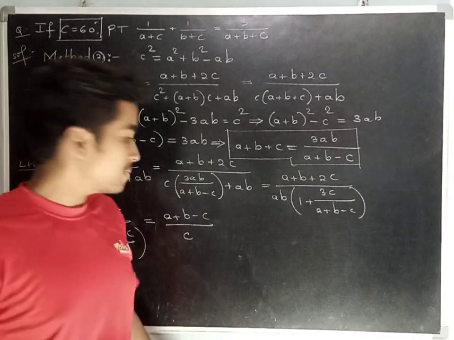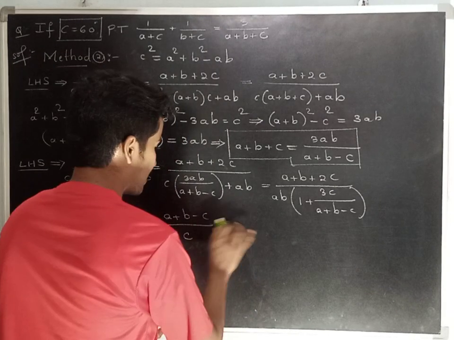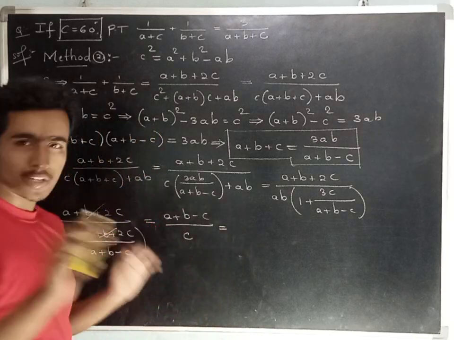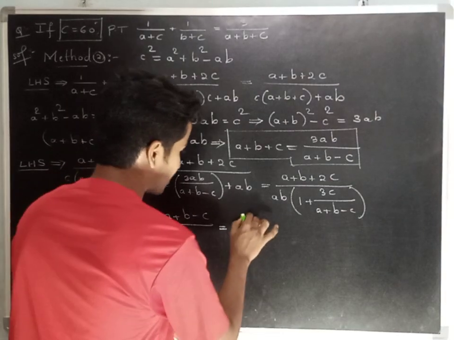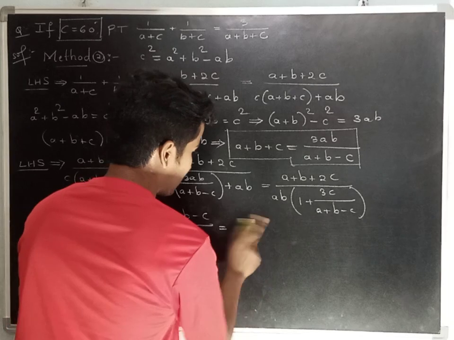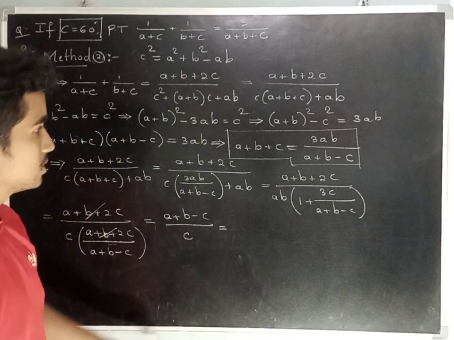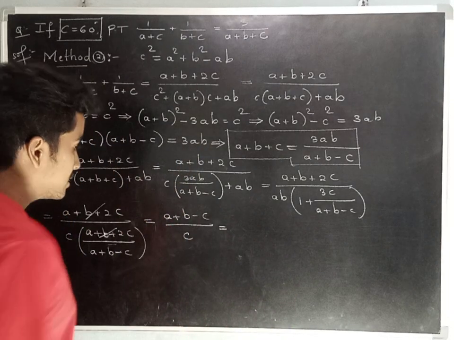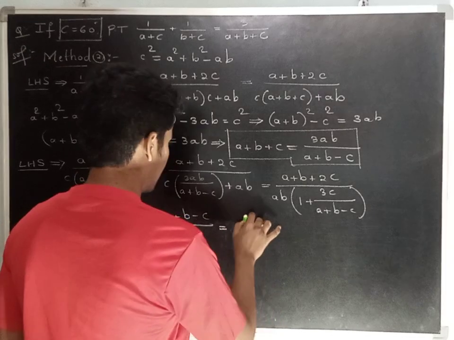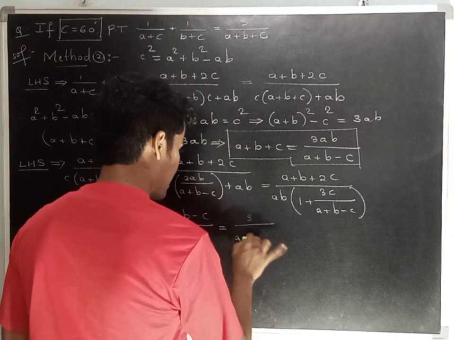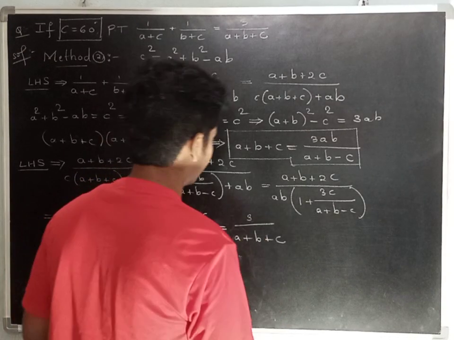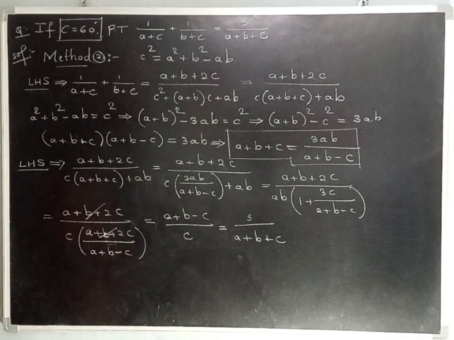Finally, we will get cos square c by 2. So the first method procedure is repeated, which is nothing but 3 by a plus b plus c. This is how we can prove the relation.